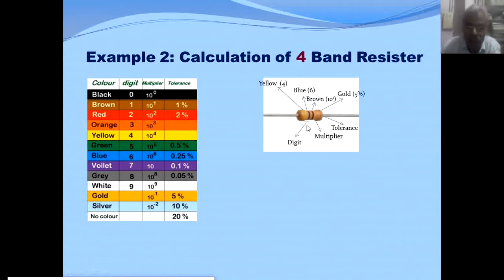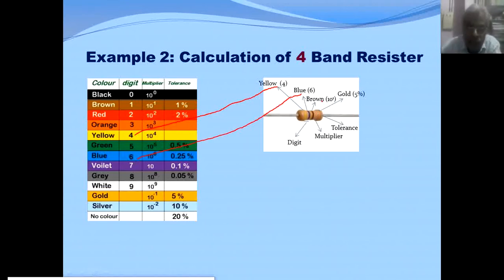So if we take the value of all these bands, the digit value of yellow is 4, I have written here, and the digit value of this blue is 6, that is shown here. This 4 I have shown here, and this 6 is written for the second band.